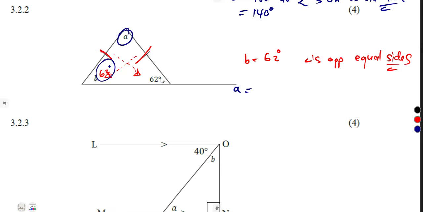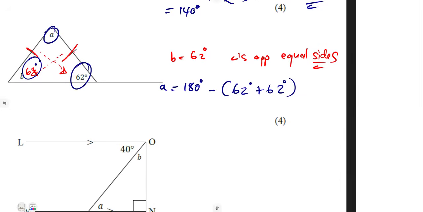Then the angle A, which is the remaining one, is from angles in a triangle. We're going to simply remove the 62 and the 62 from 180 degrees. These are angles in a triangle, the sum of angles in a triangle. So A was going to be 180 minus the sum of these two.